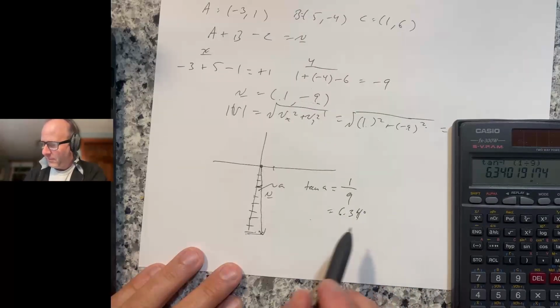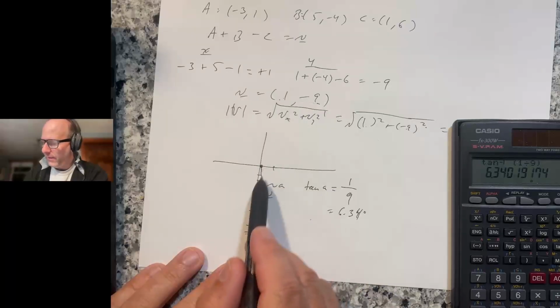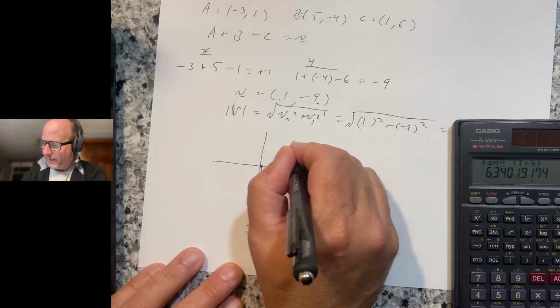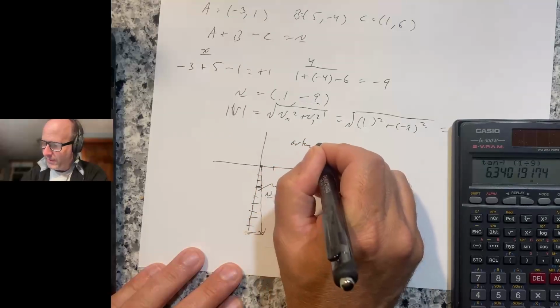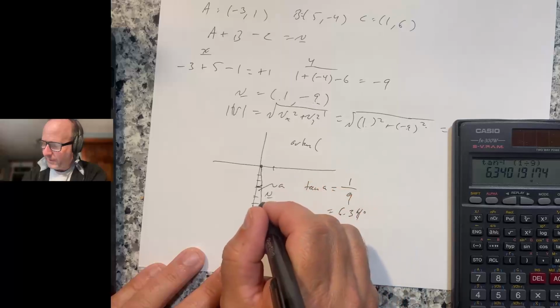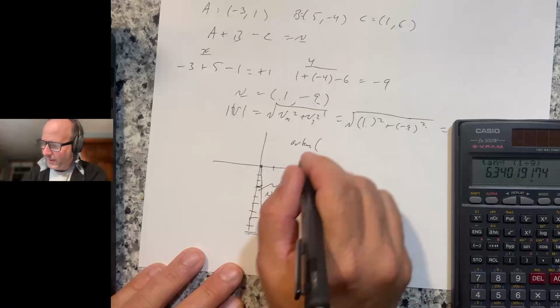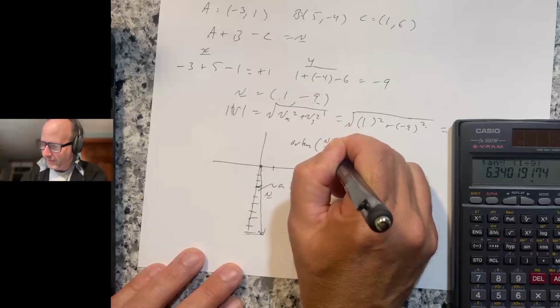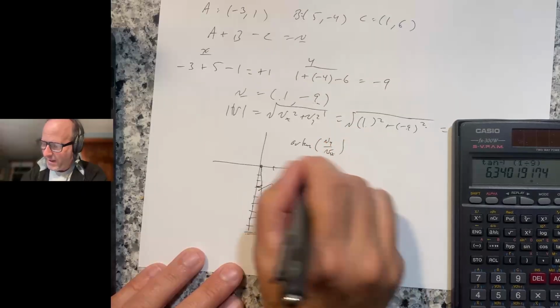Now, a couple of things. I could have done the arctan of the opposite. Sometimes you see it as the y component over the x component. So sometimes you see that, right?